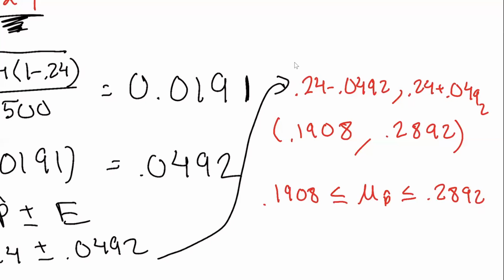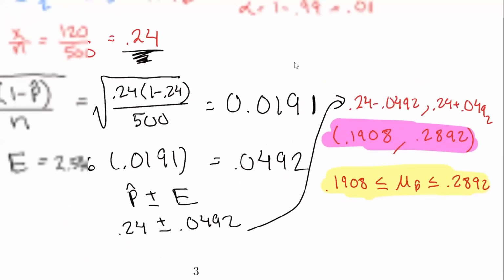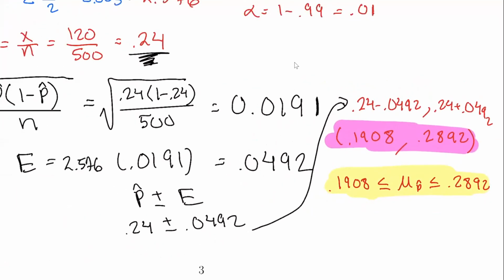All right, so you can either write it this way, or you could write it this way. Both ways are the same. But that's how you find the confidence interval by hand.